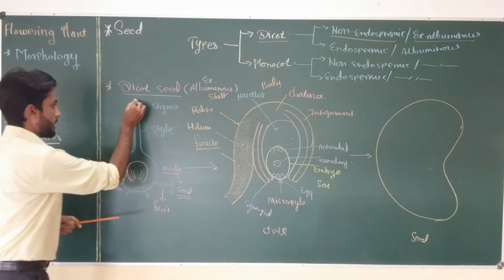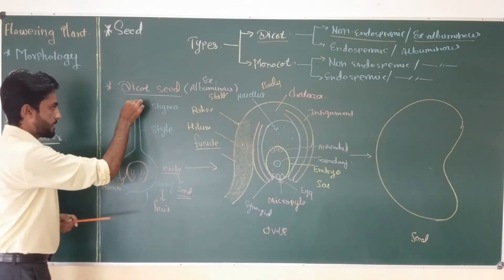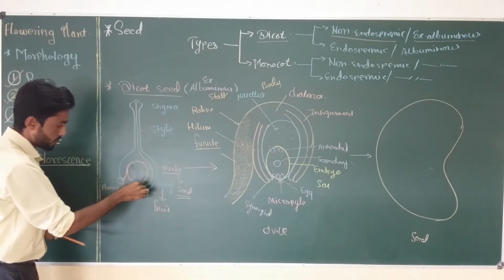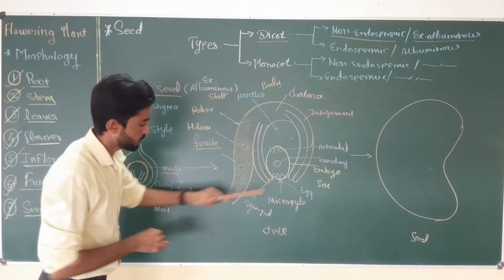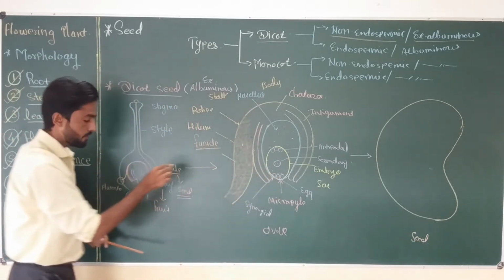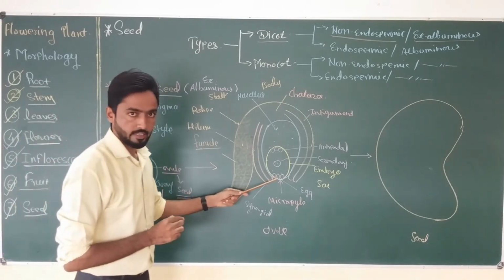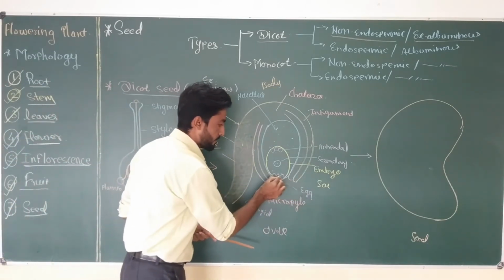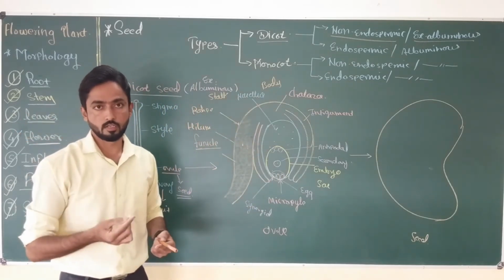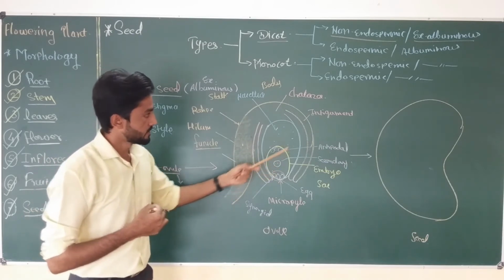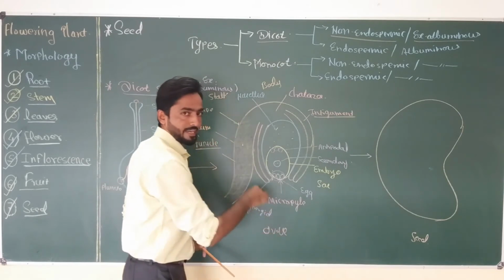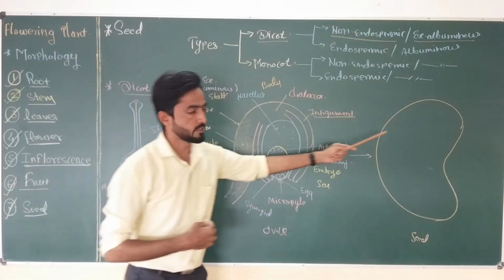Now, after the pollen grain falls on the stigma, it germinates and the pollen tube travels through the style and reaches the egg cell through the micropylar opening, and once it reaches the egg cell, it delivers the male gamete to the egg cell. Now the male gamete fuses with the egg, and at this point fertilization occurs, and after fertilization the integuments or the outer covering of the ovule get converted into seed coat.